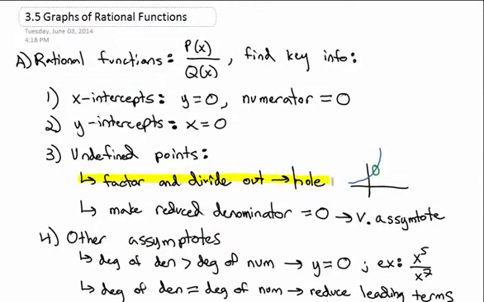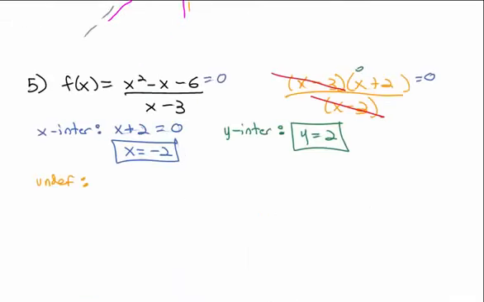If we can divide out something, we get a hole in the graph. So down where we are, that x minus 3 that divided out, solving that gives us x equals 3. That isn't a vertical asymptote. That is a hole in the graph. We'll talk about what that looks like in a minute.